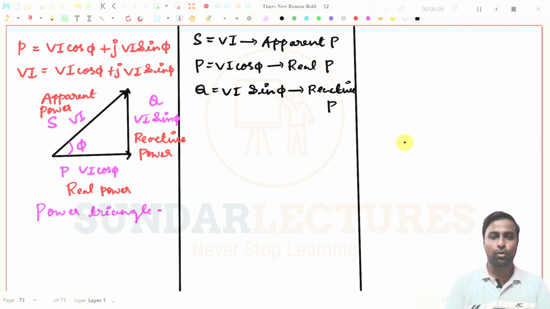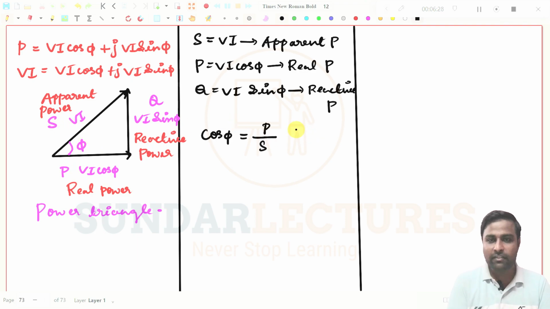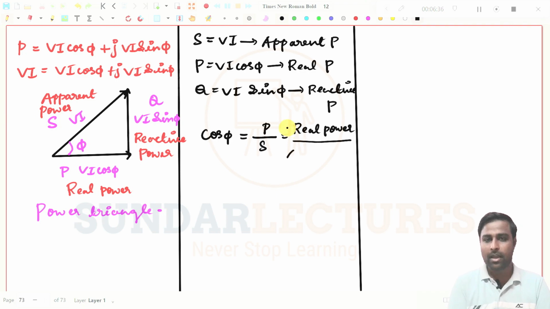So you have to understand this type of formulas. And also you see what is this cos phi. Now we need to find the cos phi value. So cos phi is equal to P, that means VI cos phi, that means P divided by S, or we can call it real power divided by apparent power.